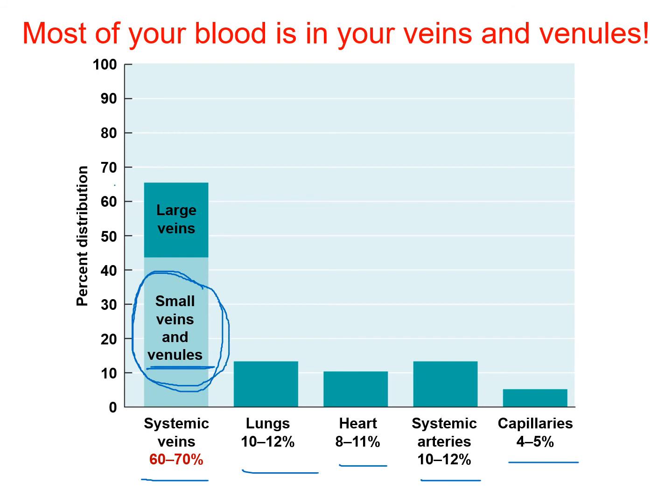So, 65% of the blood in your body is in the veins and venules. That's very interesting. Followed next by the lungs and systemic arteries. And then sort of in third place comes the heart, and in last place comes capillaries. So most of your blood is in your veins and venules. Interesting.